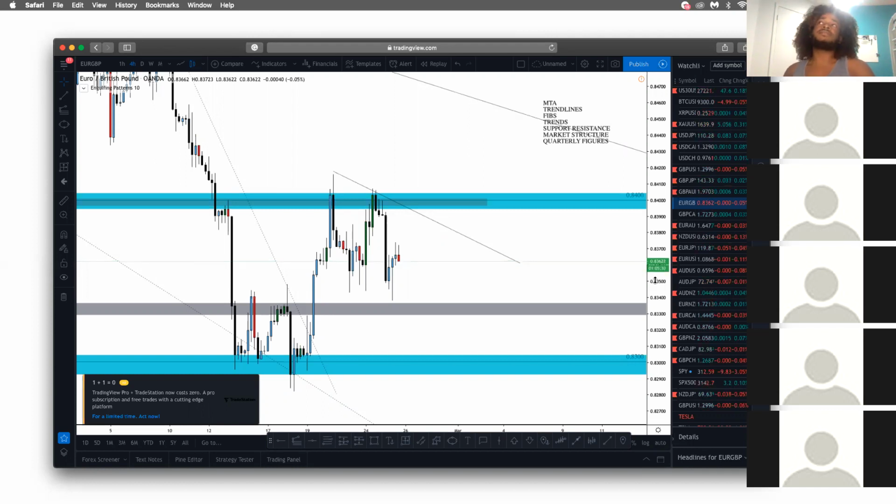Which direction? Somebody. Just using support and resistance.